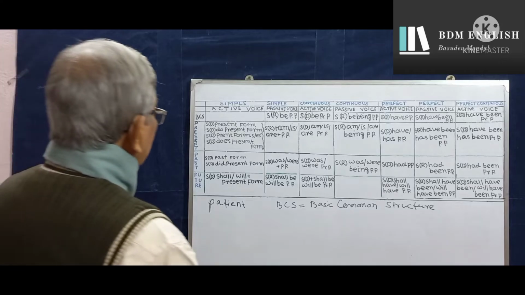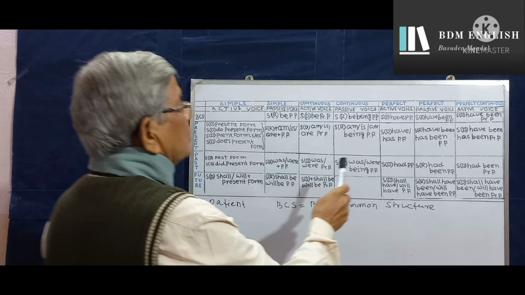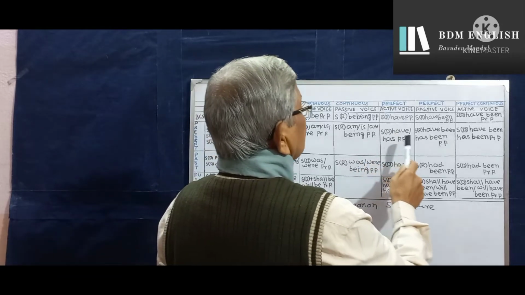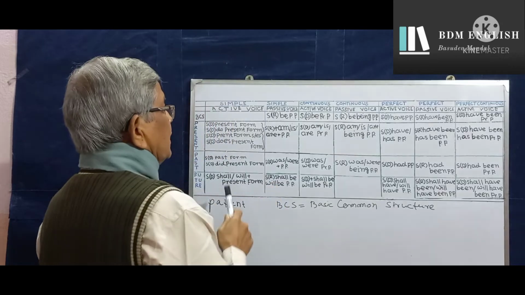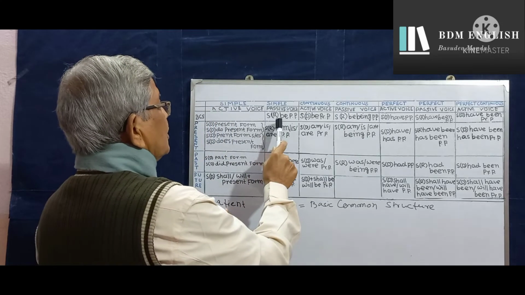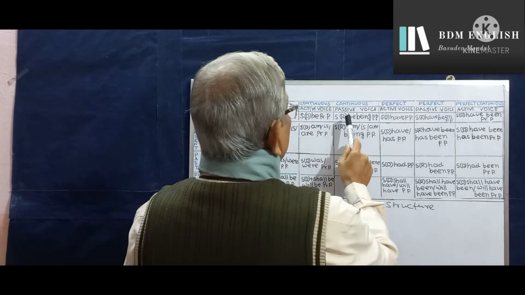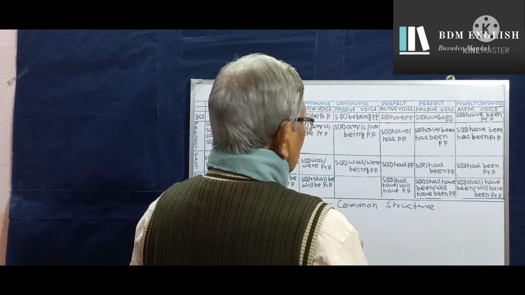And we know that when the subject is the doer, the voice is active. Subject, doer, active voice. And when the recipient, that is the patient, is the subject of the sentence, the voice is passive. Recipient, subject, passive voice.